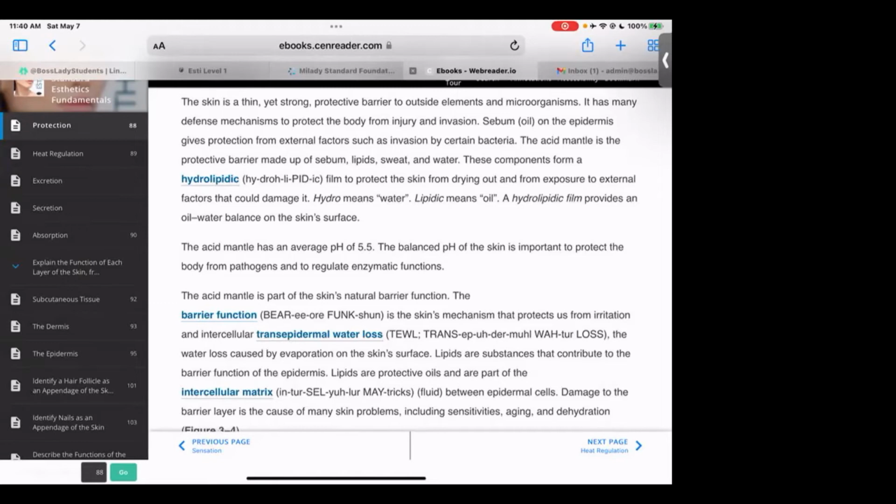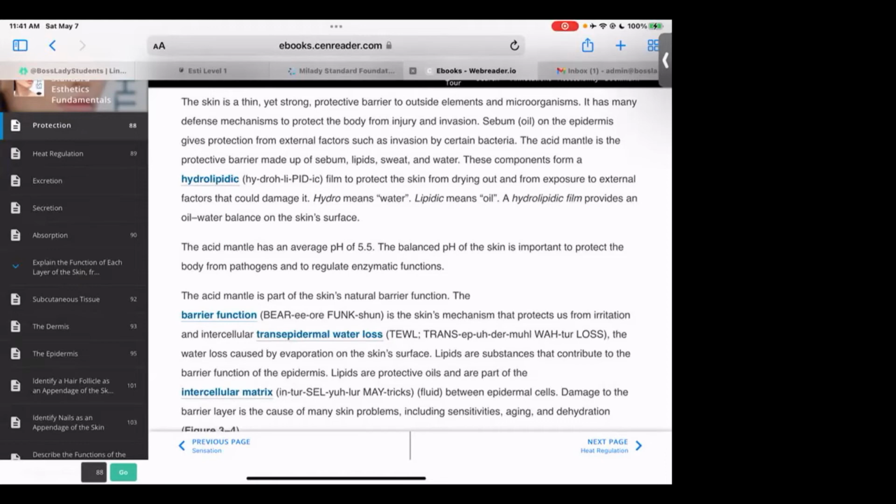Those are two things that we have to look out for, balance, and maintain so that our client is able to have a healthy functioning skin without either losing too much of that water on the surface of the skin or without allowing too much to penetrate through the skin.